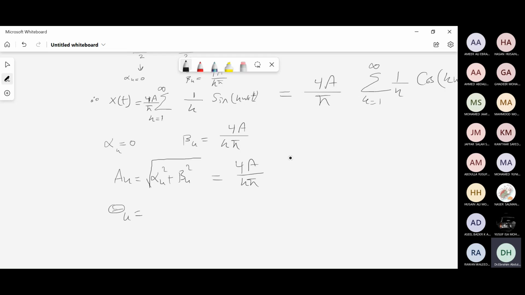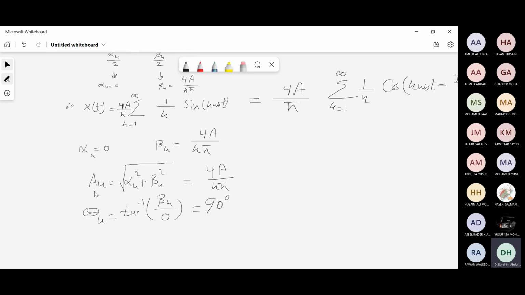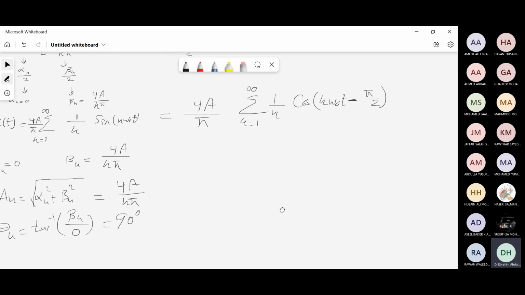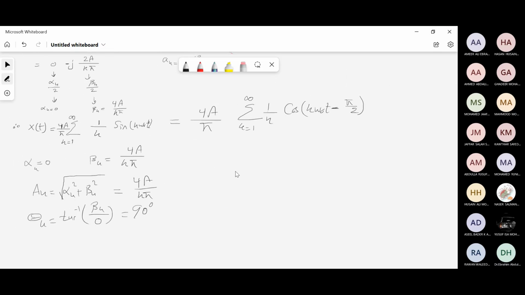And theta k equal to tan inverse of beta divided by alpha, so it is beta k divided by 0, which is 90 degrees. So then put it in form number 3: ak cosine of k omega naught t minus theta, minus 90. So then you will get this one. This is form number 3.